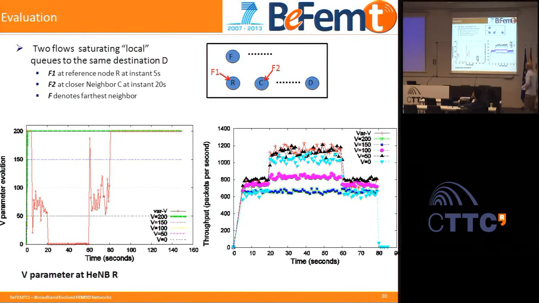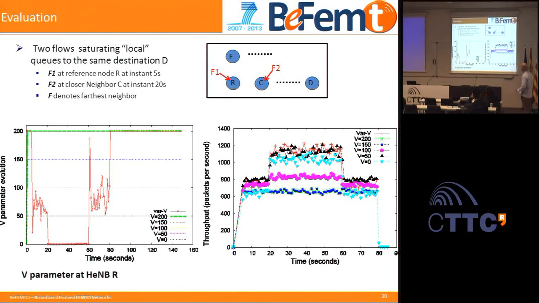As we can see, at instant 5 we have the maximum V. So we are greedy in terms of the penalty function when there is no load in the network, giving maximum priority to the penalty function.